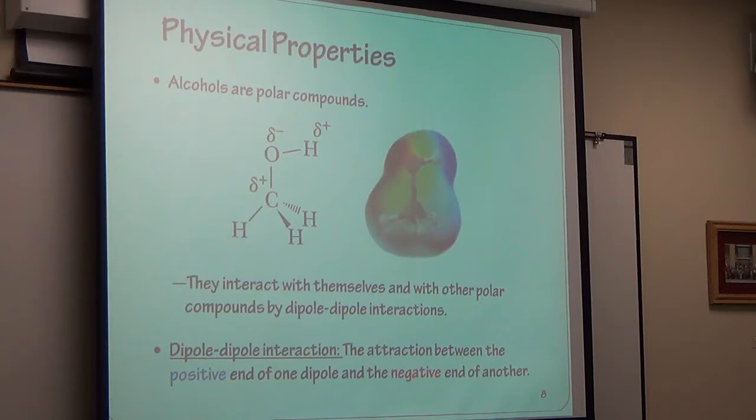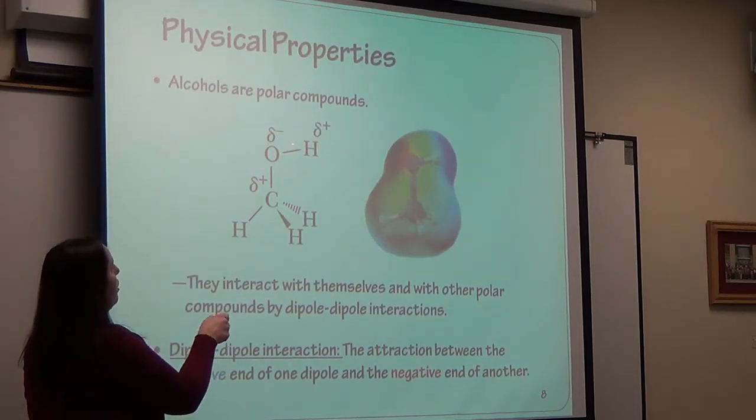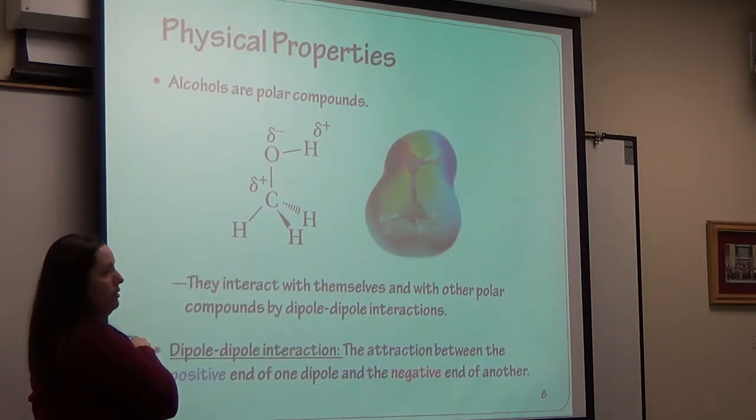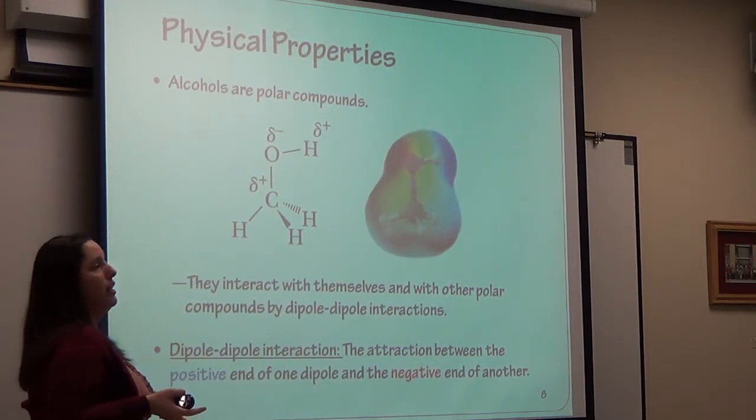So alcohols are polar. Remember, a polar molecule is a molecule that has part positive, part negative, which we call a dipole. Because oxygen is electronegative, one of the most electronegative atoms on the periodic table, it is going to pull the electrons towards it, both from the hydrogen and from the carbon, which are both less electronegative than the oxygen.